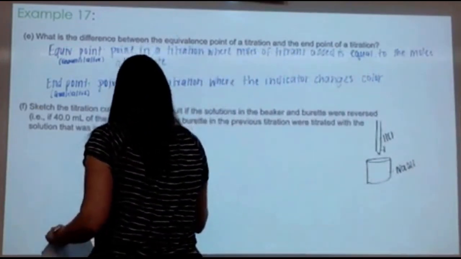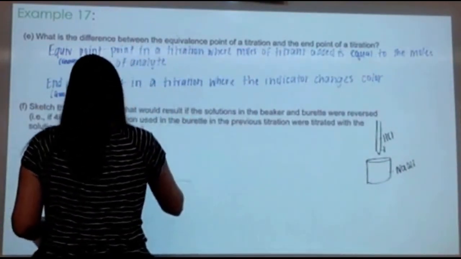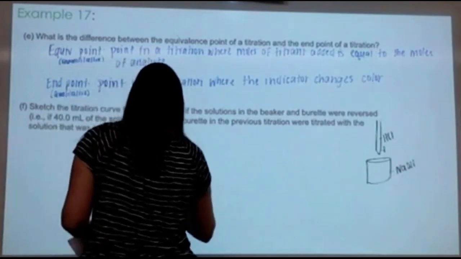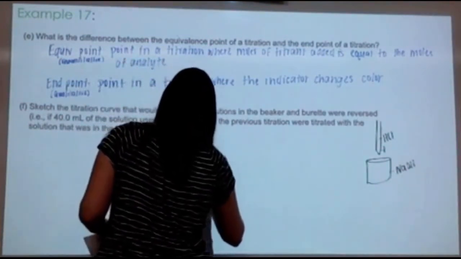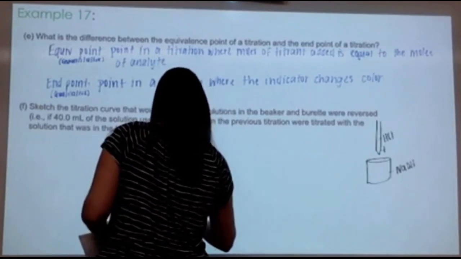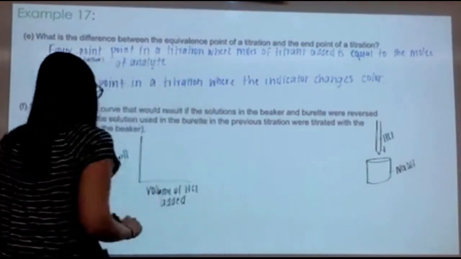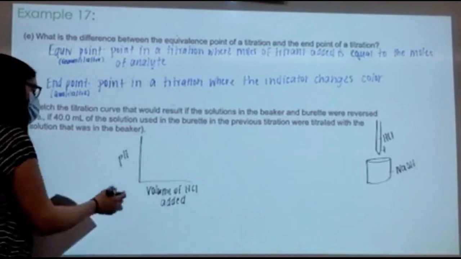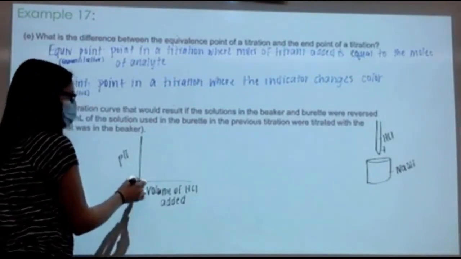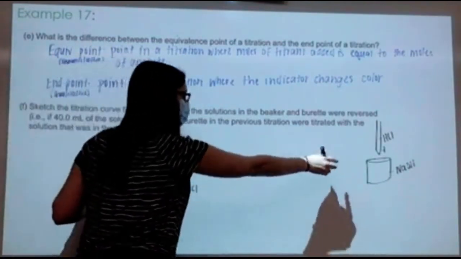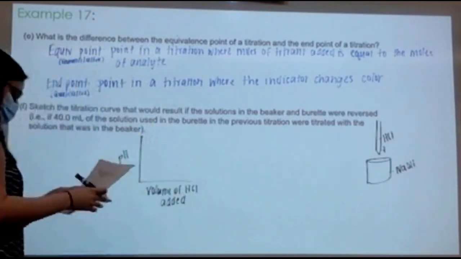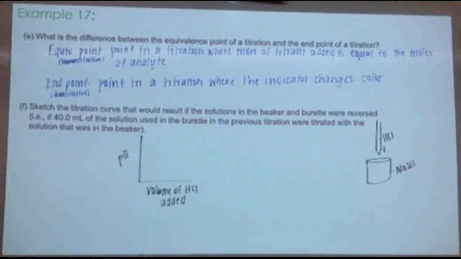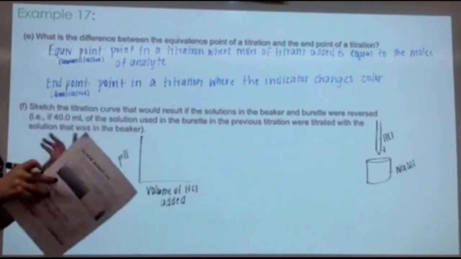So on our titration curve, the y-axis is pH. Our x-axis will now be volume of HCl added. So before any HCl is added, we have NaOH in the beaker. We would expect it to start at a pretty high pH, somewhere probably between 12 and 14.